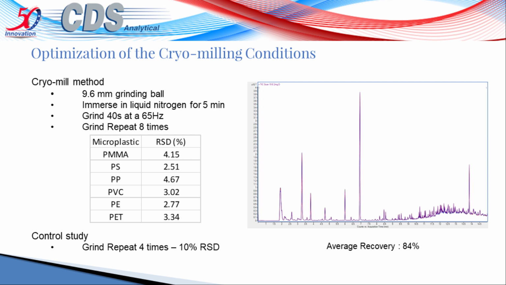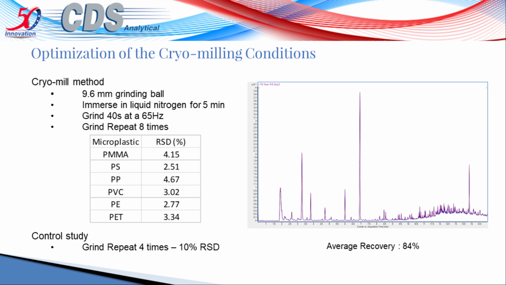1 milligram of each standard was added to the diatomaceous earth, and this is ground with a cryo-mill to homogenize it. The cryo-milling conditions first need to be optimized so we get a proper homogeneous mixture. The polymer standard in the matrix was added to a liquid nitrogen tank, and a grinding ball was added, and it was immersed in liquid nitrogen for 5 minutes.